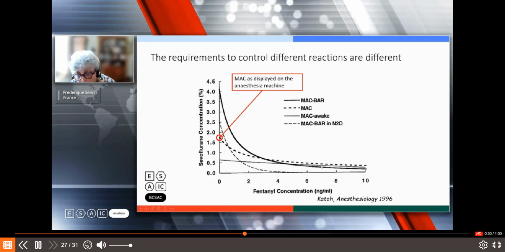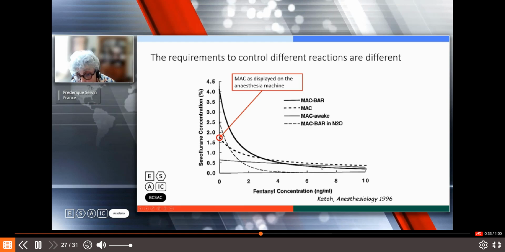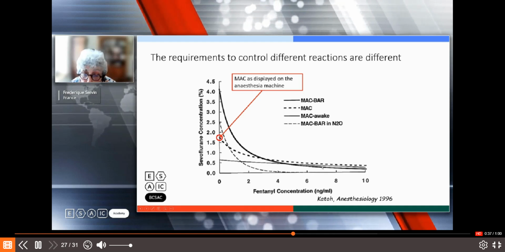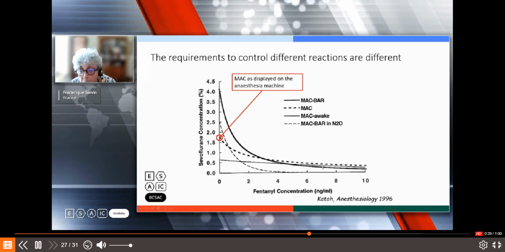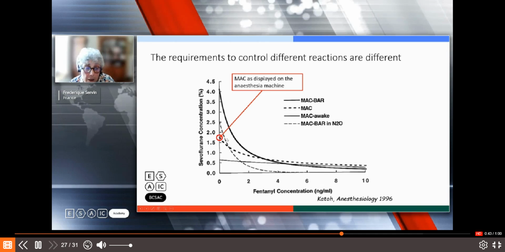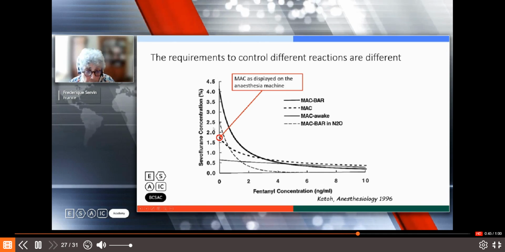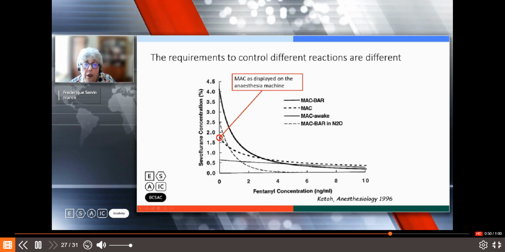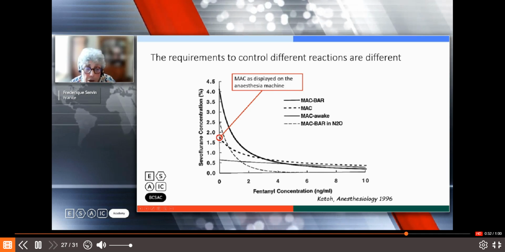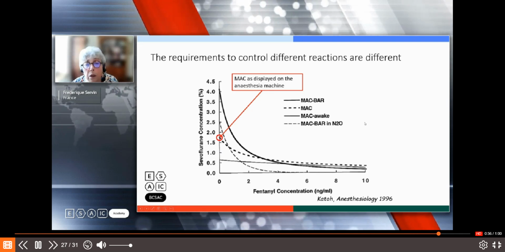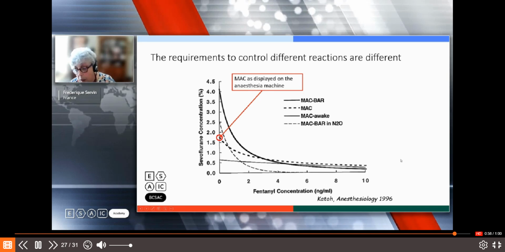And you see here that the MAC BAR and the MAC awake cross, and you can have here patients conscious, but with a very good hemodynamic stability. Let's say only that on your ventilators, the MAC which is displayed is this one and only this one. And it hasn't got much to do with the actual state of the patient.